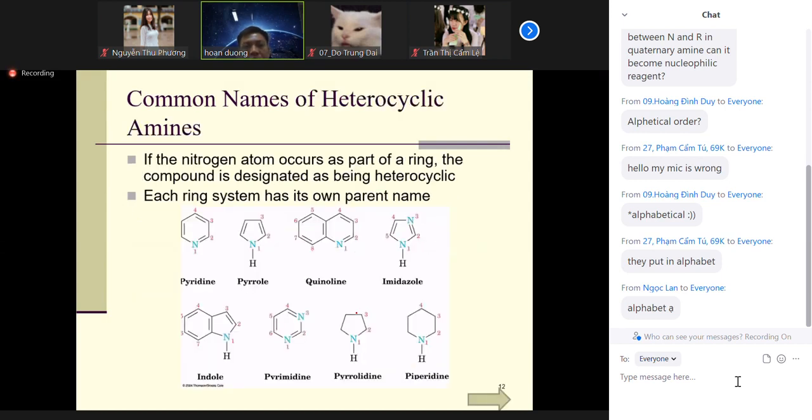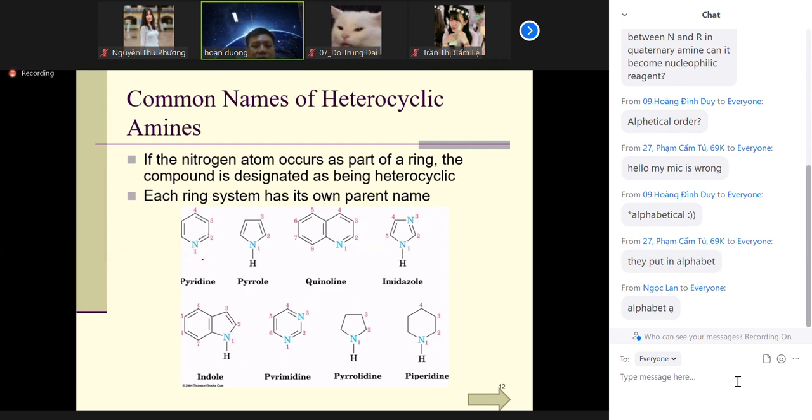We will learn about the heterocyclics in the next chapter, but anyway, you should understand more. If you have the nitrogen on the ring, it is very important and makes the system of this compound very, very interesting, okay? Say pyridine, all right? That looks like the benzene ring, but you replace one carbon by a nitrogen atom.